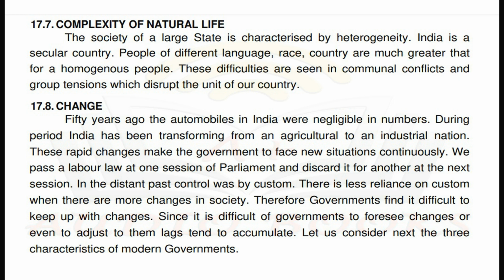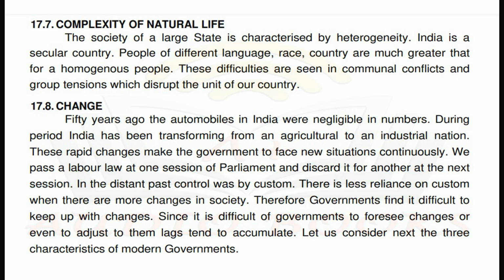Change. Fifty years ago, the automobiles in India were negligible in number. During this period, India has been transforming from an agricultural to an industrial nation. These rapid changes make the government face new situations continuously. We pass a labour law at one session of Parliament and discard it for another at the next session.